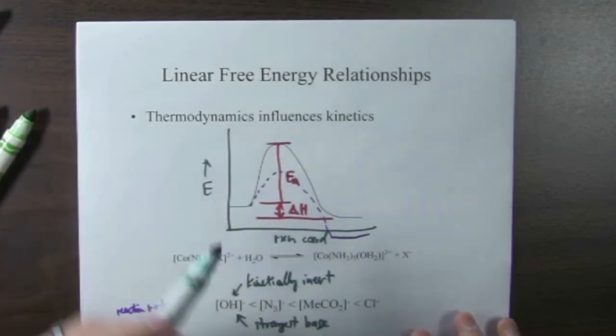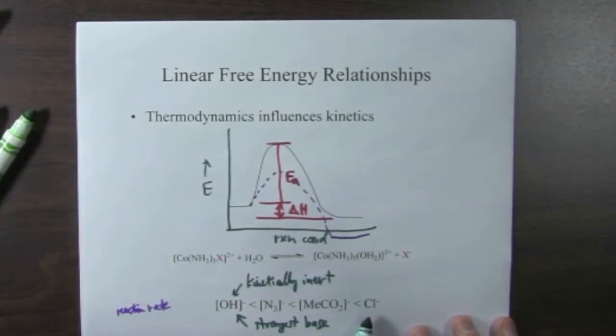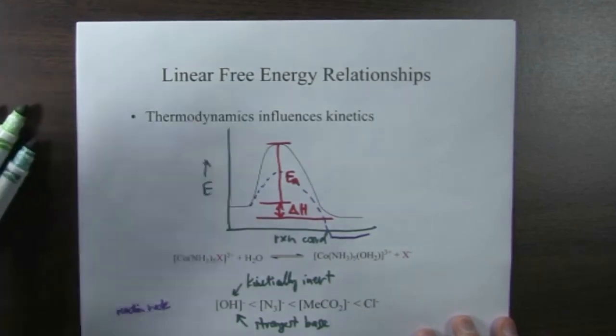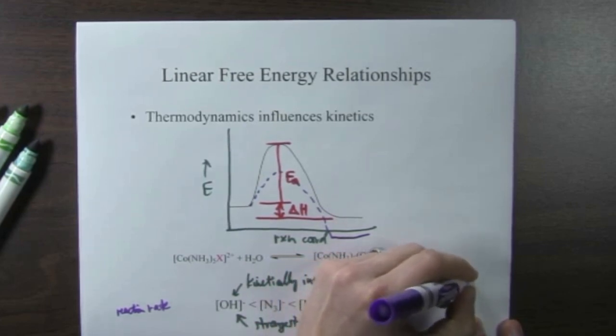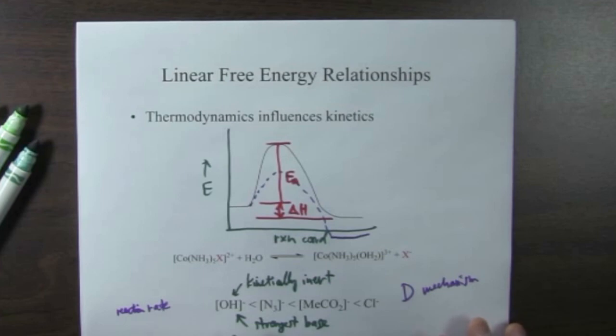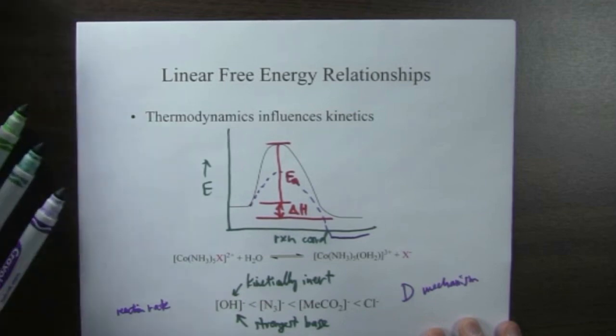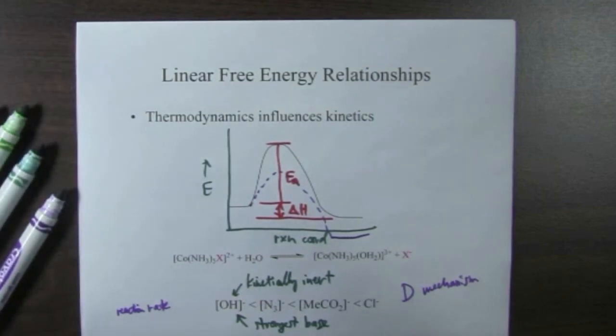And actually then, because of this experimental evidence, we know that this is going through a dissociative mechanism. Or at least it suggests that, because if breaking this bond is what is slowing down the reaction, then we could theorize that that's the first step, the slowest step in the reaction mechanism, and we go back and look at our options.